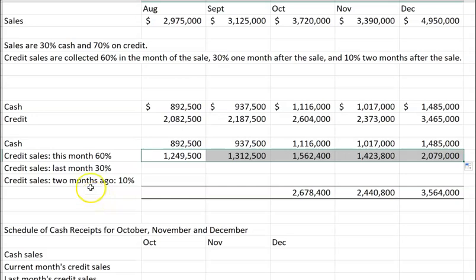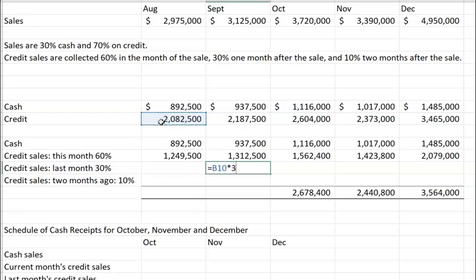So we will collect 30% of the sales 1 month after the sale. Okay, so 30% of the August sales were collected in September. Okay. 30% of the September sales were collected in October.